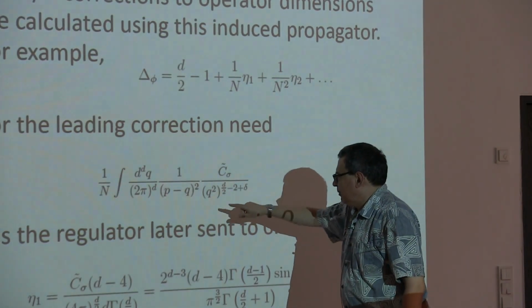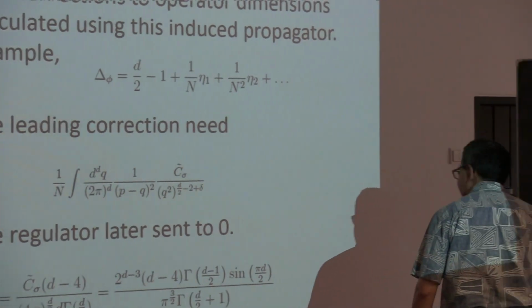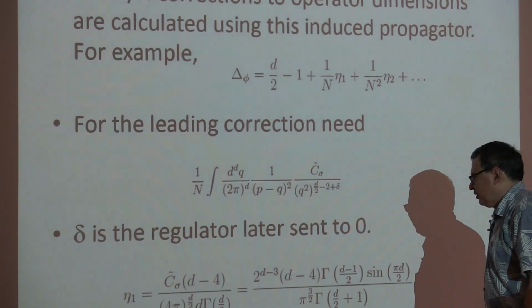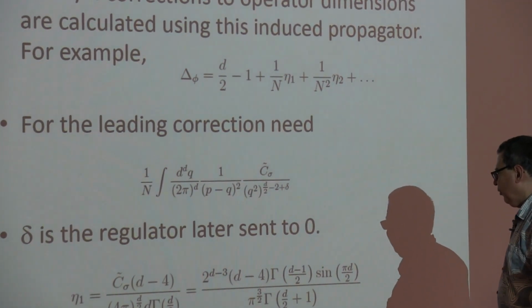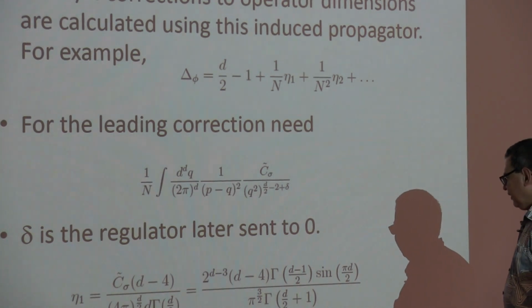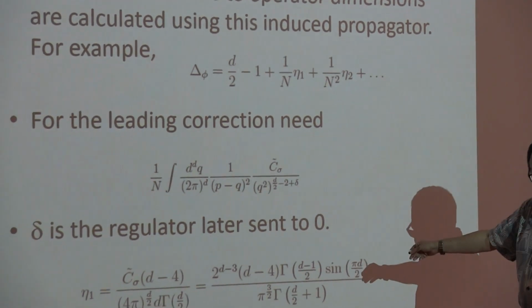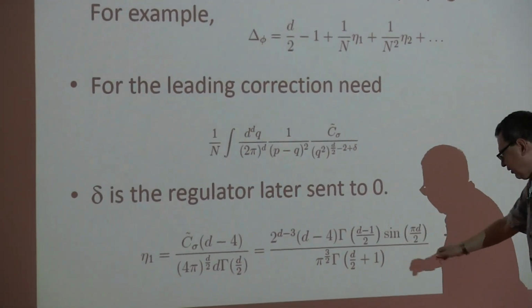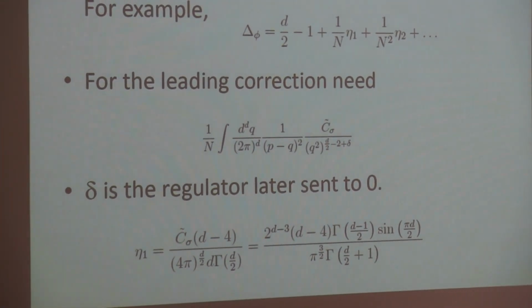This is the sigma propagator, and this is just the propagator of the phi field. And here we had to add some regulator and then eventually send it to 0. When you perform this integral, you find the following expression for eta 1 in d dimensions, right? You get this following function. I'll show you a plot of this in a second.